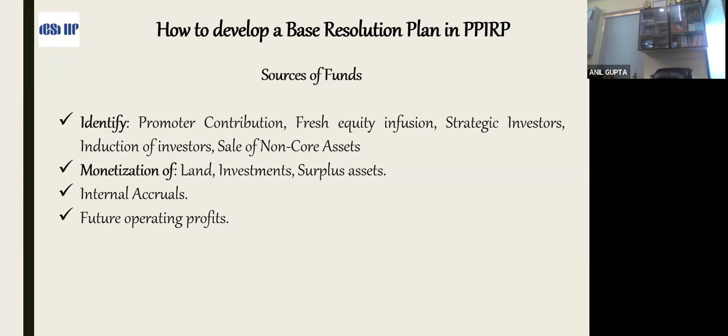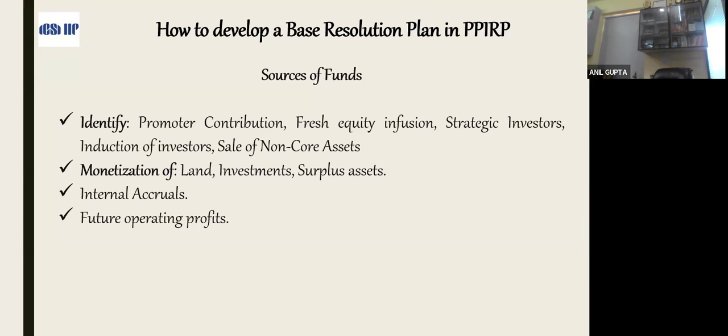That's why PPIRP is debtor in possession, controlled by COC and RP. That is the only difference. But sacrifice is everywhere. Here, sacrificing to a particular operational creditor is to be finalized by the resolution applicant only, as to how much they have to sacrifice.